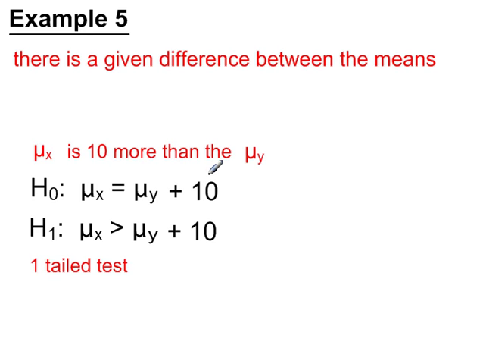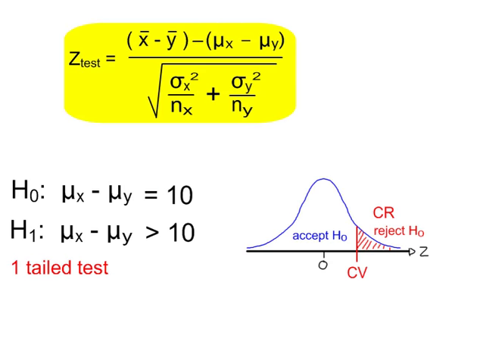We want the letters on the left-hand side and the numbers on the right. So our H0 and H1 is written like this. So the mean of x minus the mean of y is 10. So this highlighted value here inside the bracket will be 10. So 10 goes inside here.